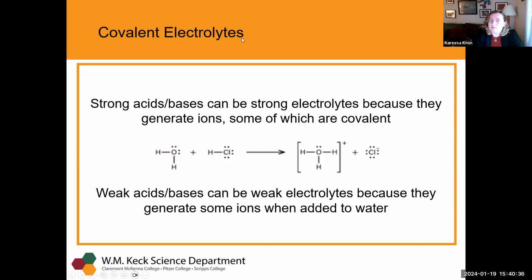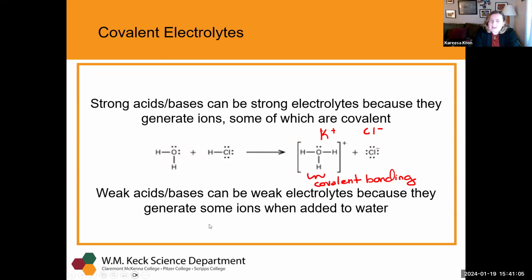And we call these covalent electrolytes because there's ions with covalent bonds. And so in the previous slide, I had K+ and Cl-. There's no covalent bonds in either of these, so they're ionic electrolytes. Whereas here, we have covalent bonding within our ion. So that's why I'm using the language covalent electrolyte or ionic electrolyte.